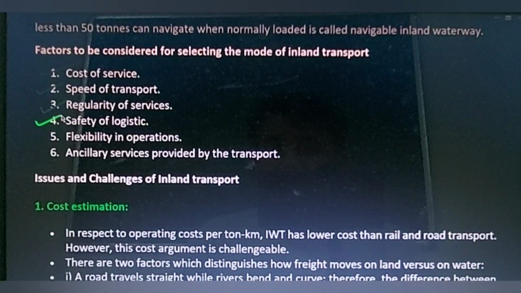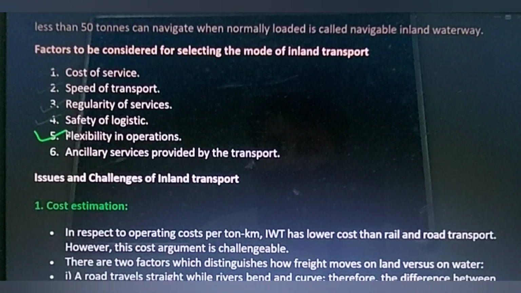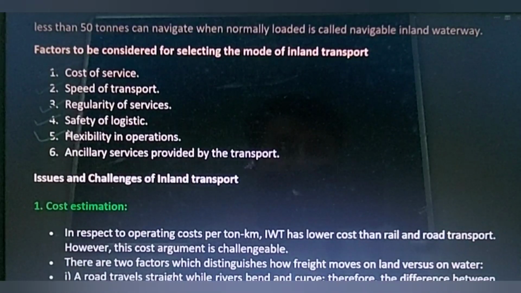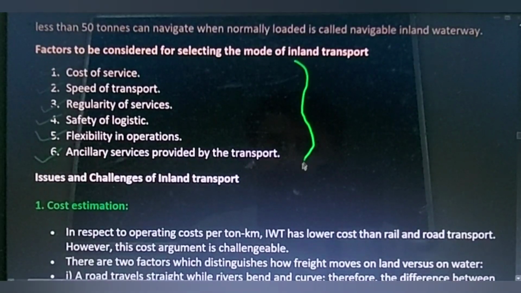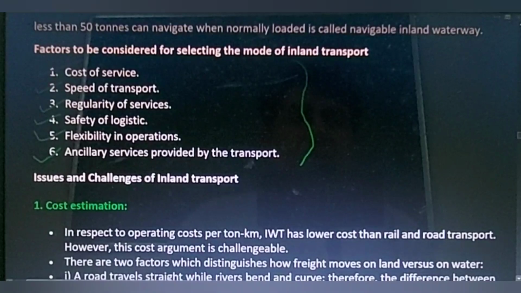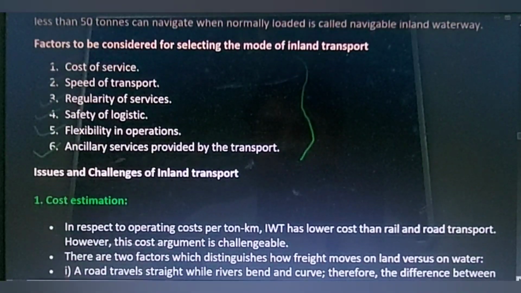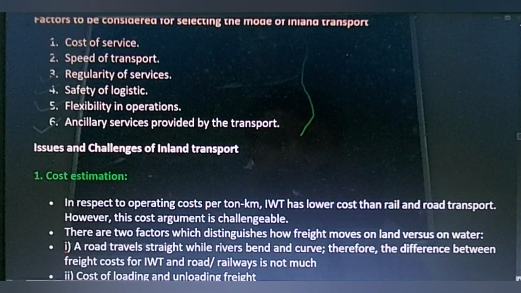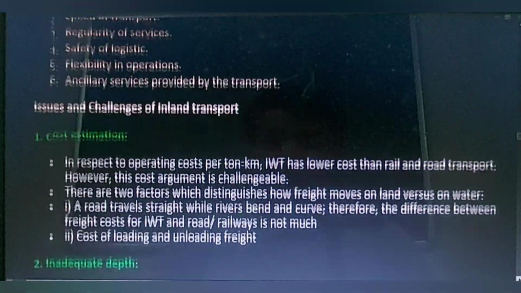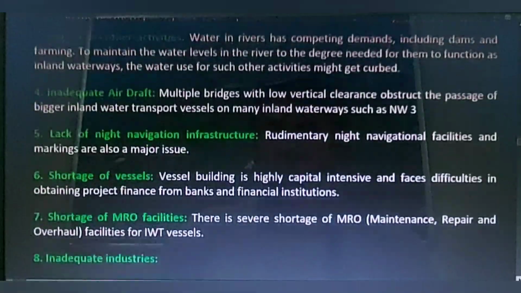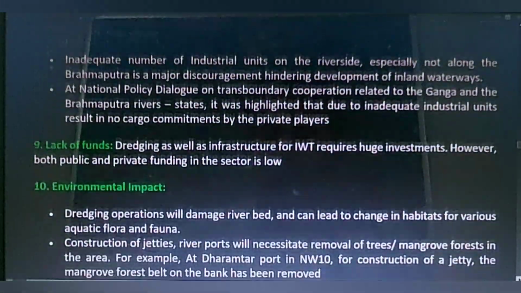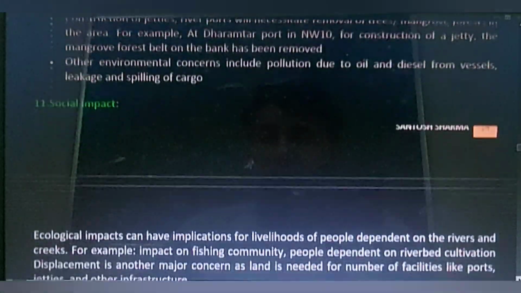Then safety of logistics, flexibility of operation, how dynamic it is, can it be changed, and ancillary services provided by the transport. So all these things, we can explain all these points before choosing an inland mode of transport. Okay, so these are all problems, right?